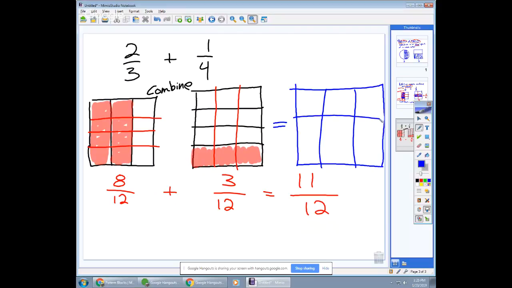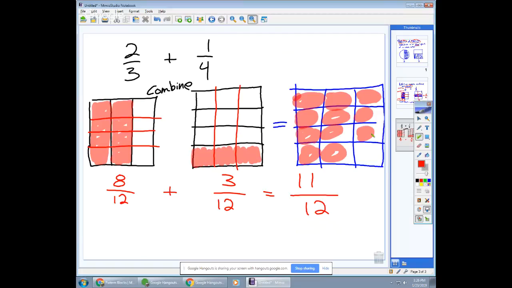Oops, draw that in the right spot. That looks like a third. We got fourths going this way. And then I just go pick up the pieces over here and stick them over there. So there's, from the first one, 1, 2, 3, 4, 5, 6, 7, 8. And from the other one, I'm going to throw in 1, 2, 3. So I can rebuild it to show that all those results in the same cake if we need to.